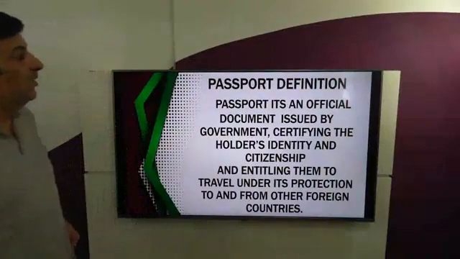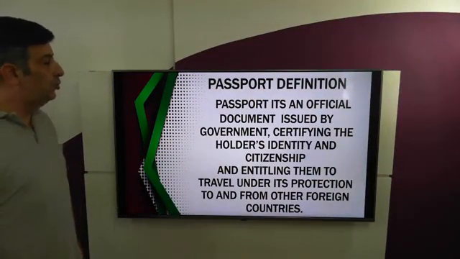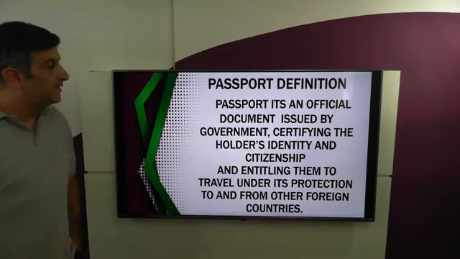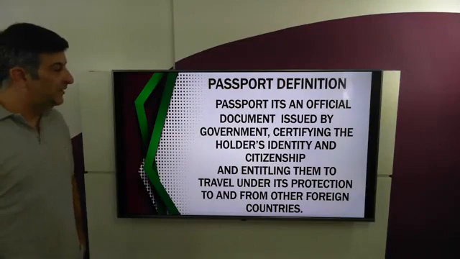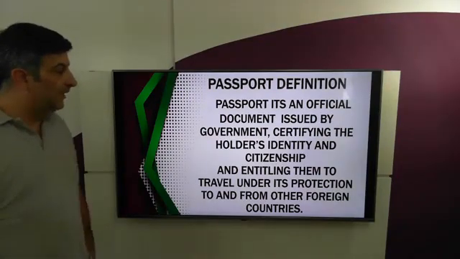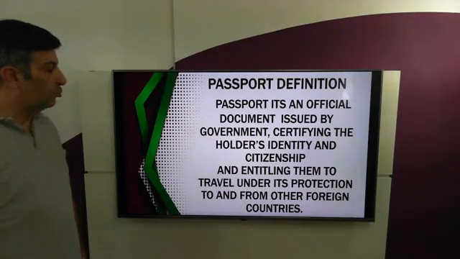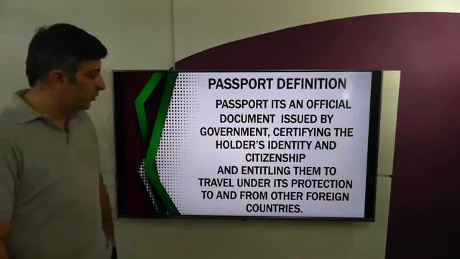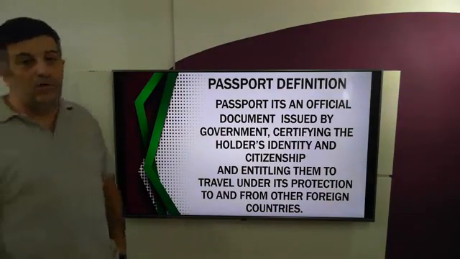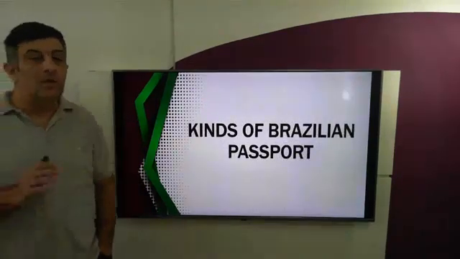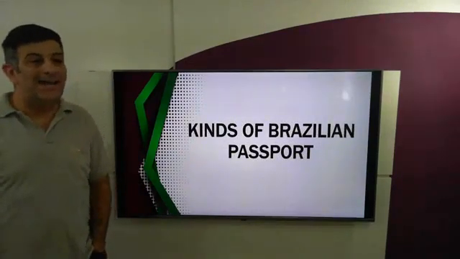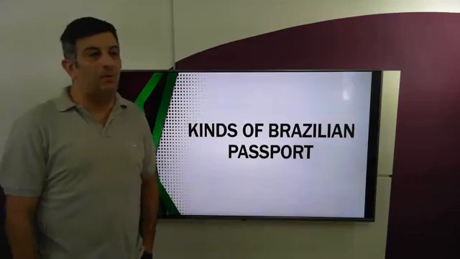A passport is an official document issued by a government certifying the holder's identity and citizenship and entitling them to travel under its protection to and from other foreign countries. Okay? This is the definition. Now we talk about kinds of Brazilian passport.